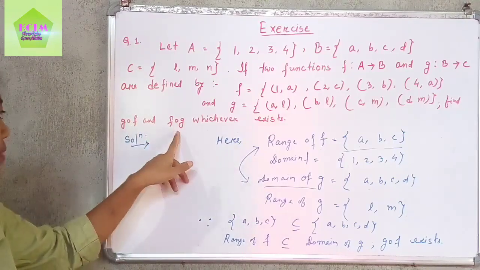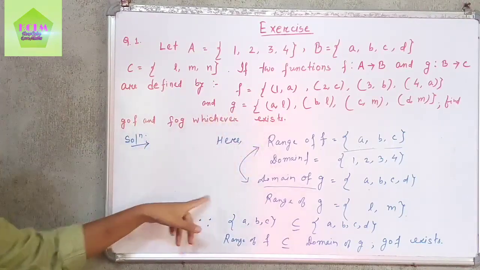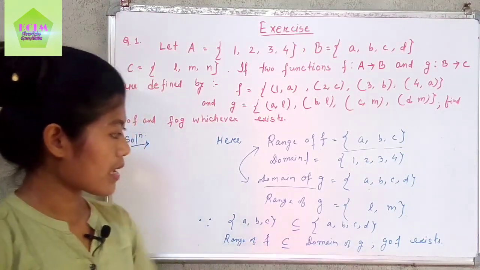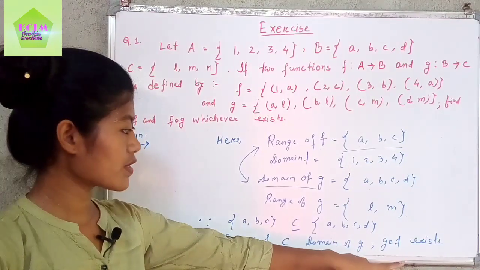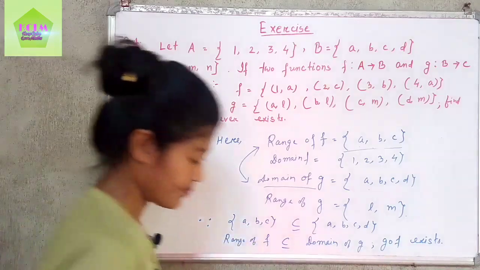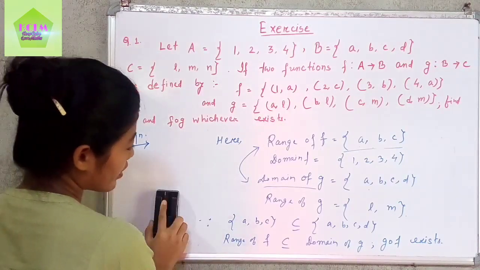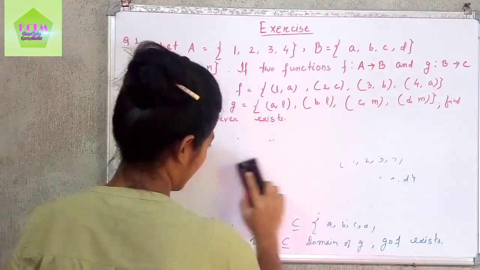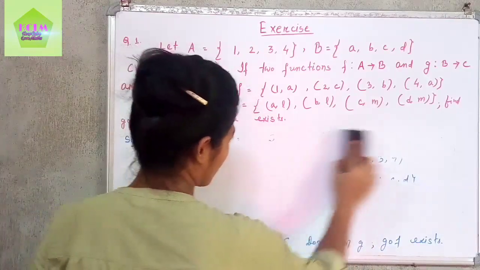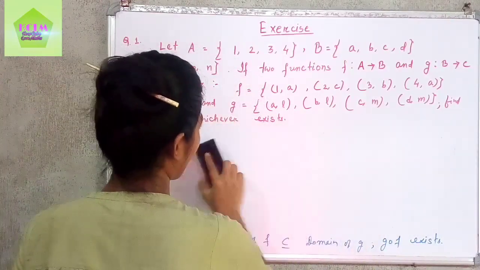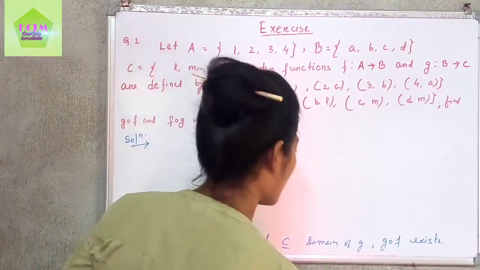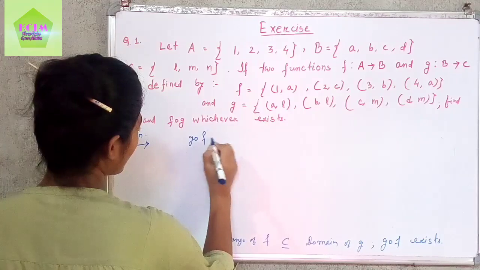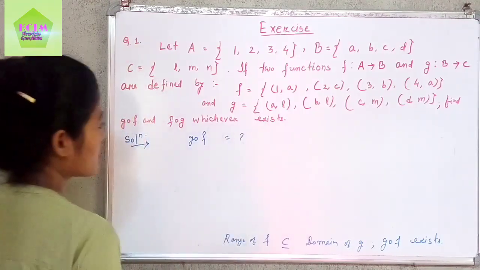Find g∘f and f∘g, whichever exists. Here we can see that g∘f exists, and we also need to find the elements in g∘f.